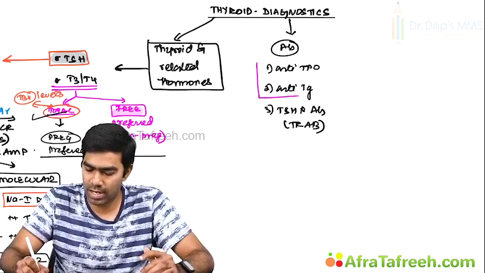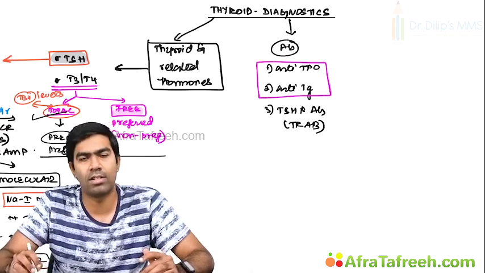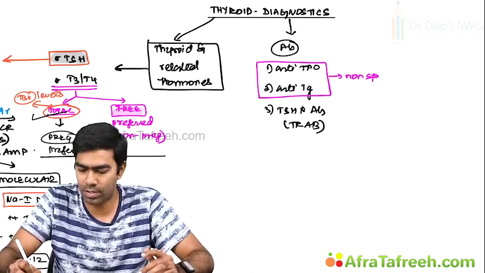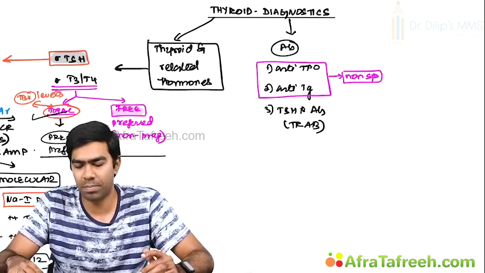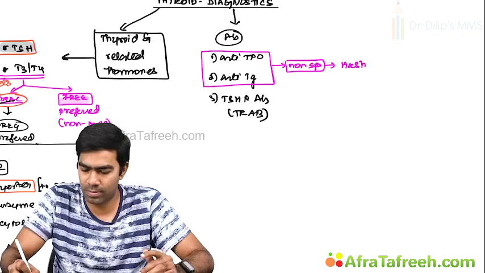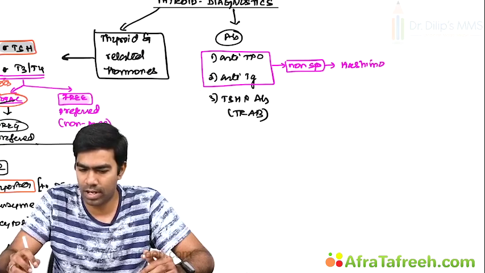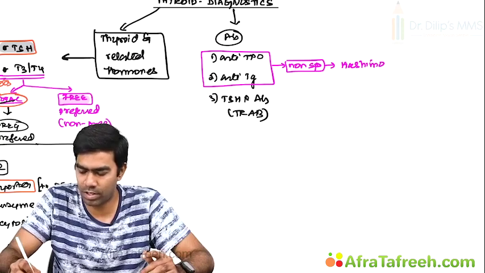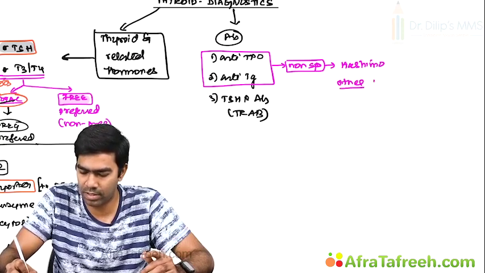Remember, the anti-TPO and thyroglobulin antibodies are relatively non-specific. They can be seen in many conditions like Hashimoto's thyroiditis and other conditions that produce painless thyroiditis, not painful thyroiditis.